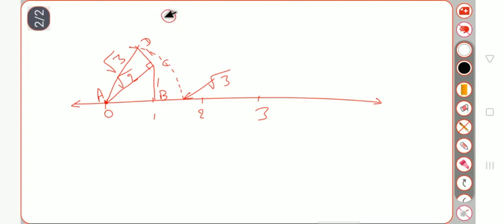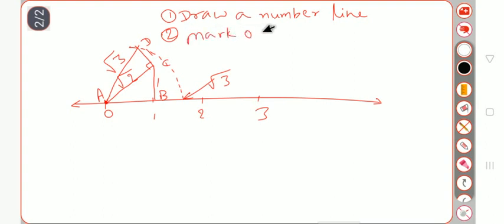Step 1, draw a number line. In exam you have to write the steps, otherwise examiner will deduct your marks. And step 2, mark 0 as A and 1 as B. Okay.